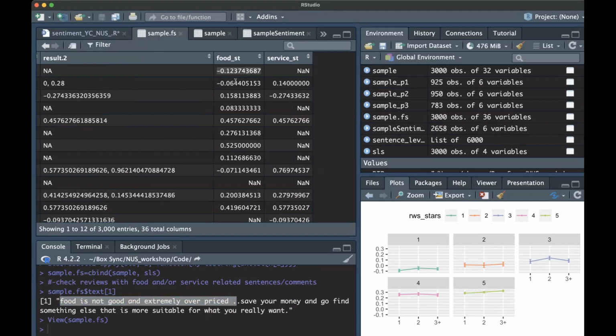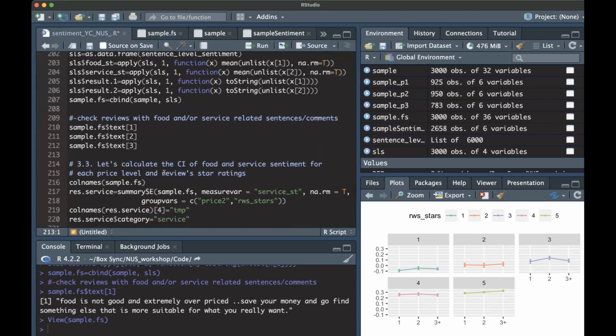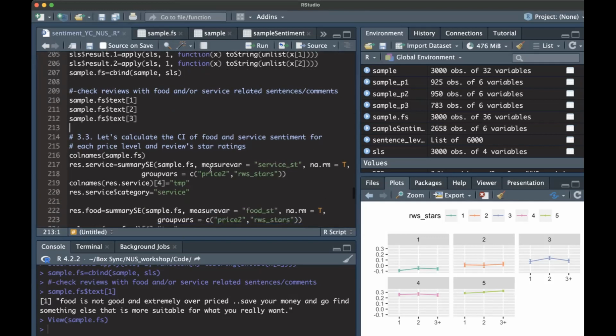So this is just to check whether it makes sense. And I always do this to get a rough understanding of whether the analysis is following the right path.